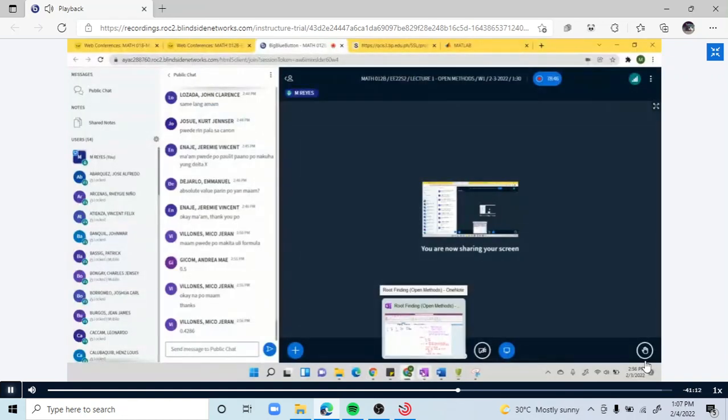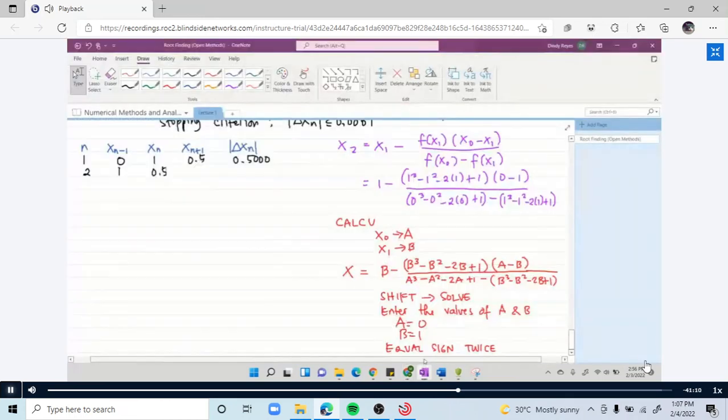It is 0.4286. That is correct. And what is the error between the two? 0.5 minus 0.4286, so the error is 0.0714.